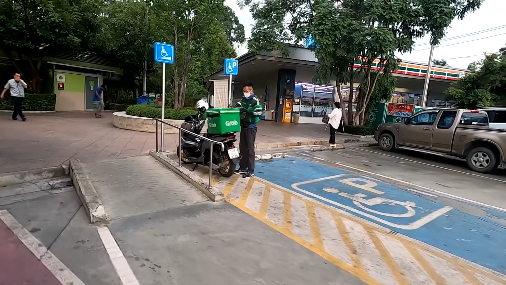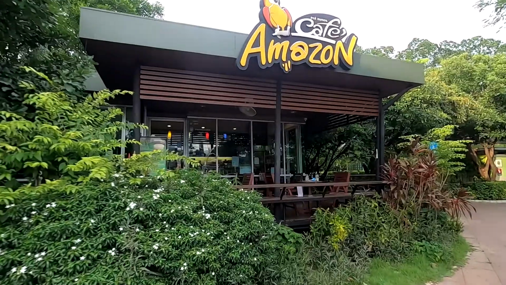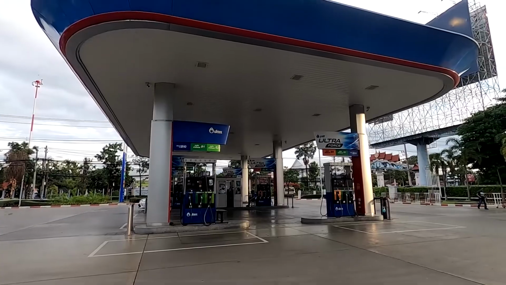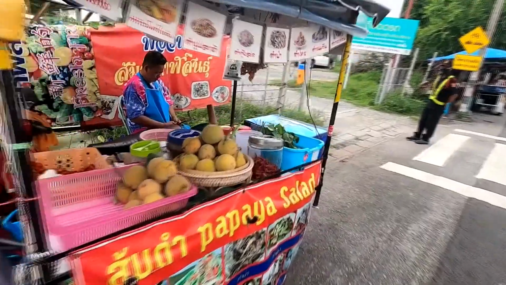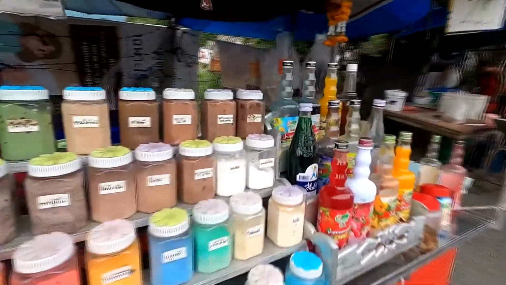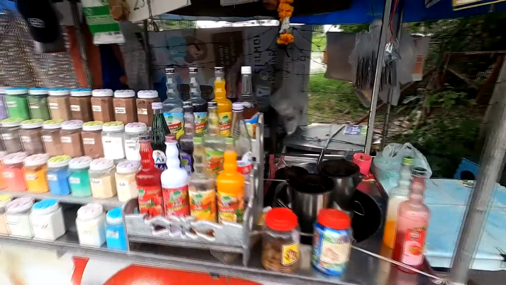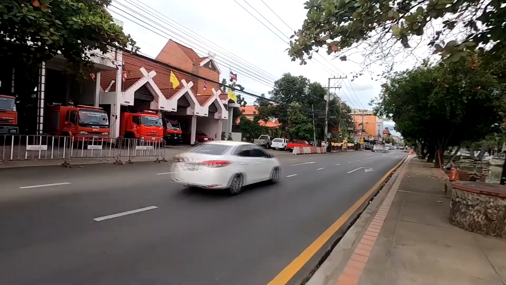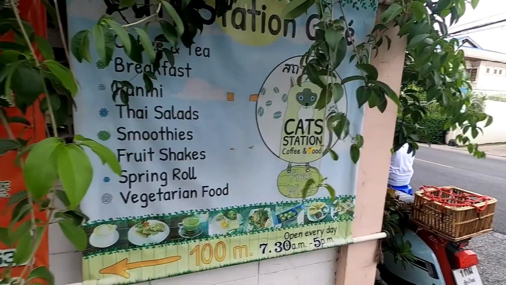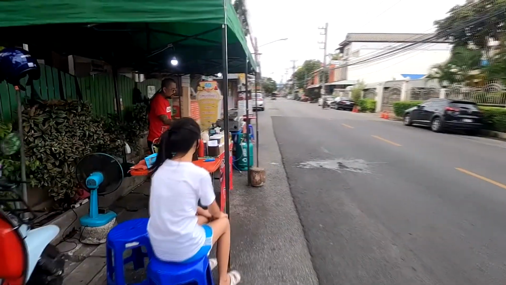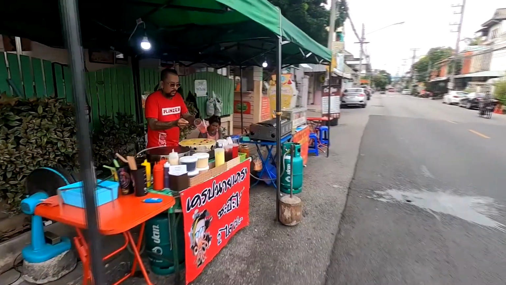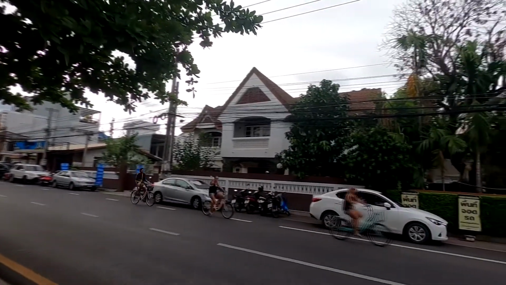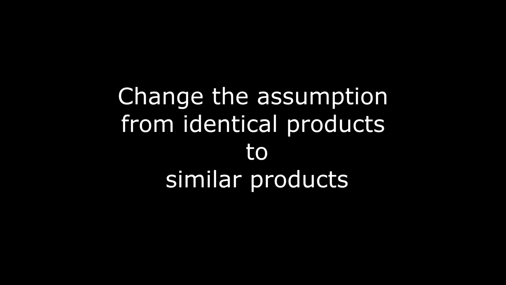In the last lecture, you can see that it is hard to find identical products in reality. Therefore, it is hard to classify markets whose assumptions rely on identical products. If we relax the assumption to just similar products, what would happen?